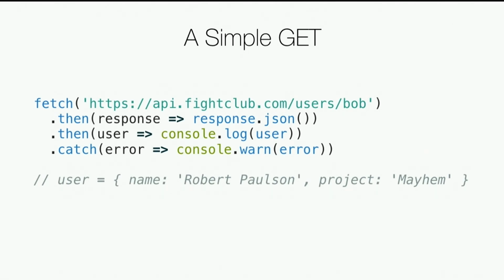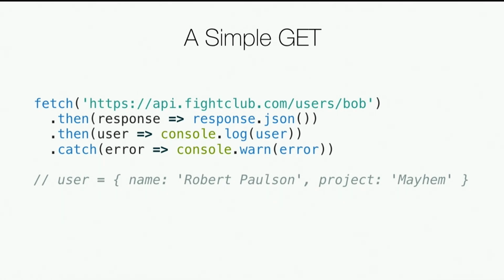So the first argument to fetch is just the URL that you want to get information from. So what is the web address of the server that I'm trying to get information from? And then you can see we have a series of other statements, two of them are .then and then a .catch. So fetch says, hey, this server, I want information about your user, Bob.